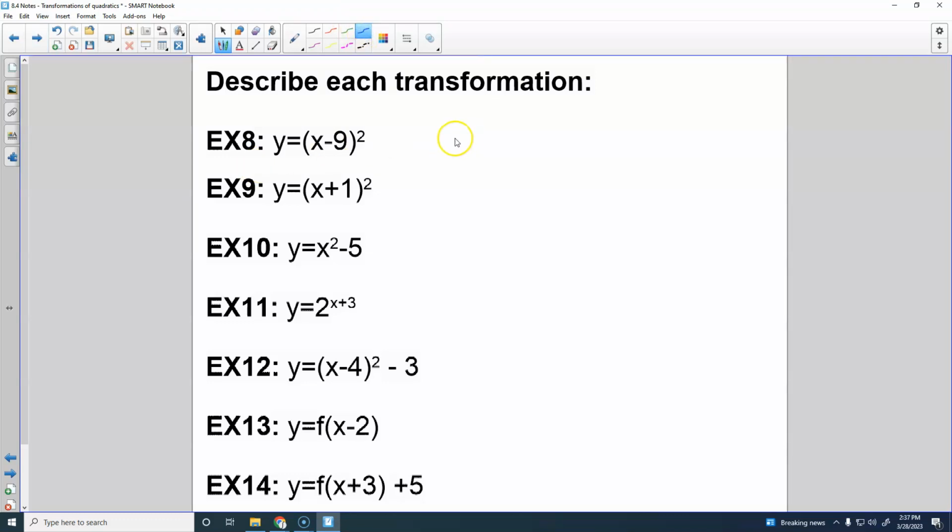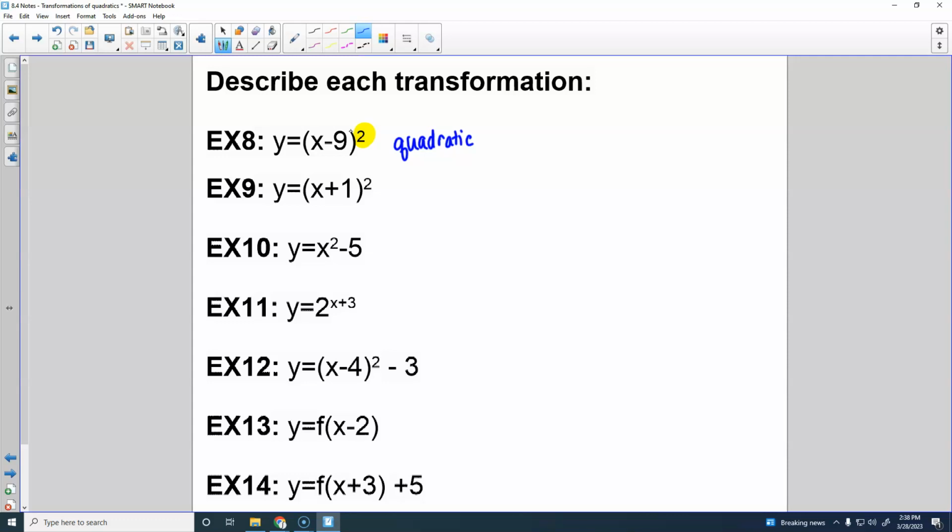If we look at example 8, we see right here that we've got a square. That square tells me that I'm dealing with a quadratic still, even though I don't see the square right there with my x. There is a square that would square that x, like if we wanted to square this out. So I have a quadratic.